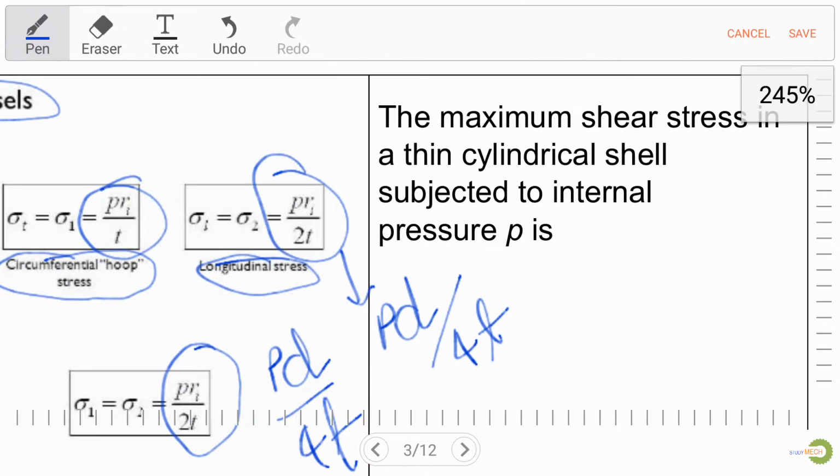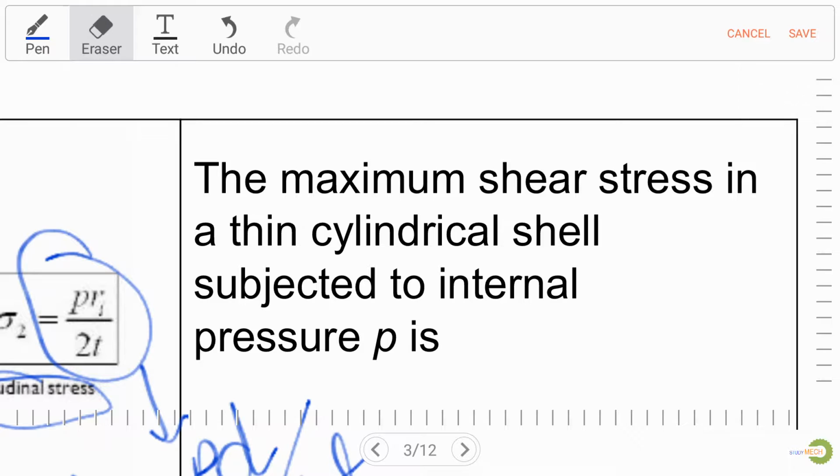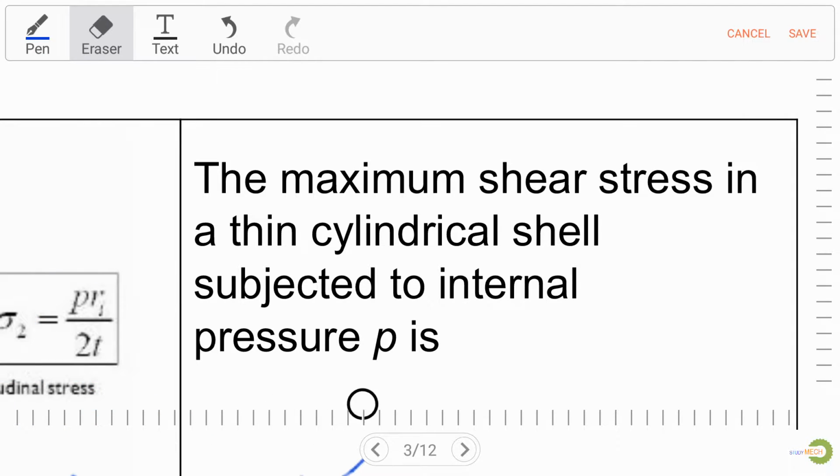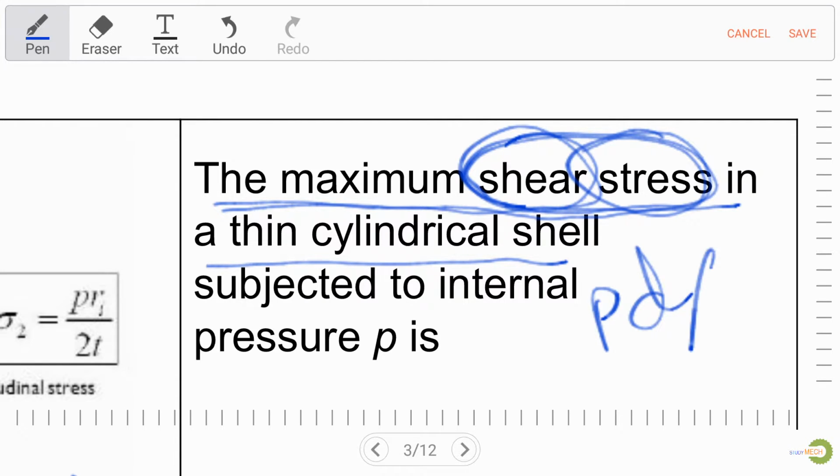Now let's see the important sentence, which is very important from exam point of view. The maximum shear stress. Now catch this keyword, shear stress. The maximum shear stress in thin cylindrical shell subjected to internal pressure P is, our answer is PD upon 8T.